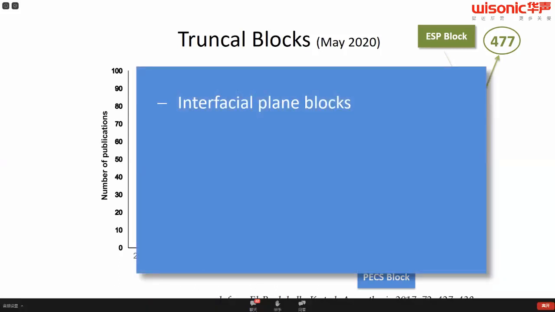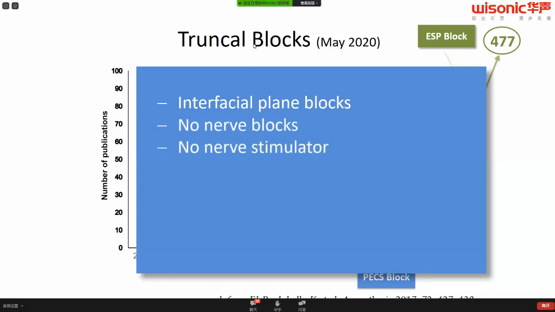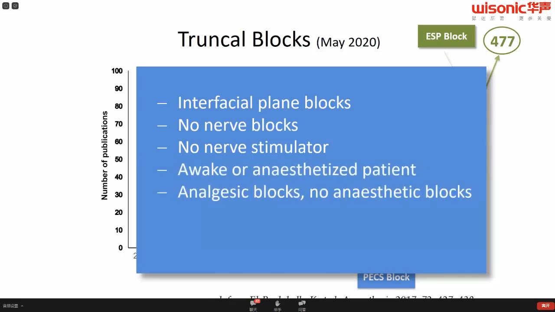What is common to all these blocks is that these are interfascial plane blocks. These are not classical nerve blocks, so you don't need a nerve stimulator to do these blocks. You can do it in the awake or anesthetized patient. Most of the blocks are analgesic blocks and not anesthetic blocks.